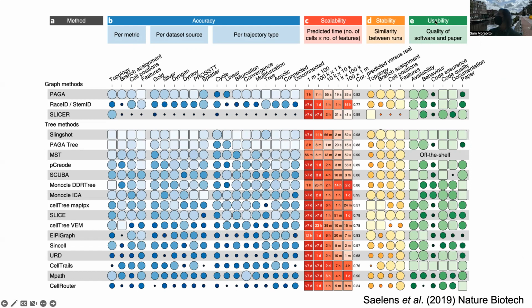Also, I think this is more qualitative, but they rate the quality of software in the paper. The bigger the dot is, the better. So they said PAGA's code assurance was low, but I'm not quite sure what that means. Is that just tests? Oh, probably. Yeah.